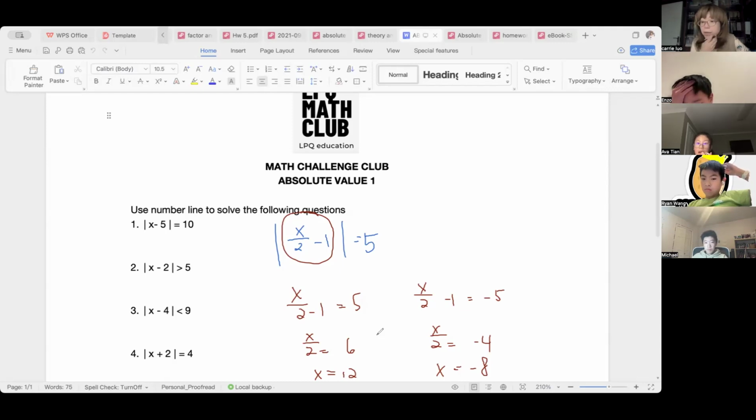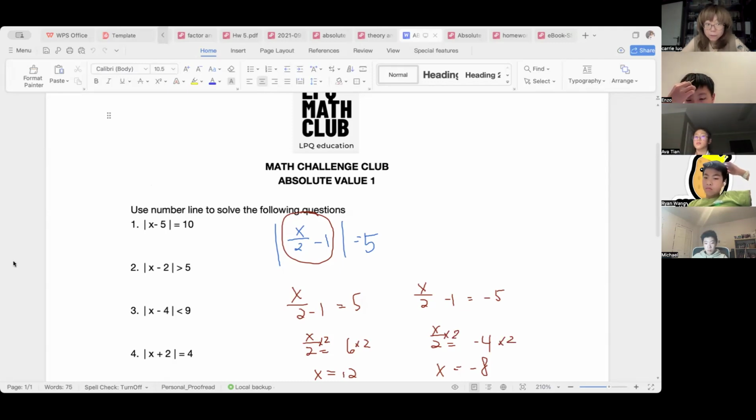Do you get it, everybody? Okay, so how do we get 12? Because x divided by 2 equals 6, so we times 2 for both the left side and the right side. And x divided by 2 equals negative 4, so both times 2.